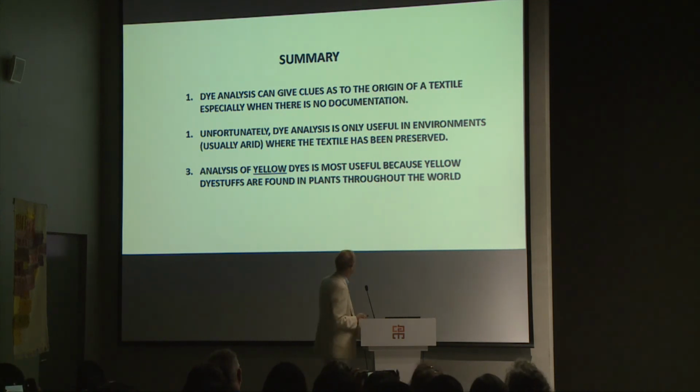So this is just to summarize what we found. We think we can get clues to the origin of a textile where there's no documentation, but it's only one clue. You have to use other information.